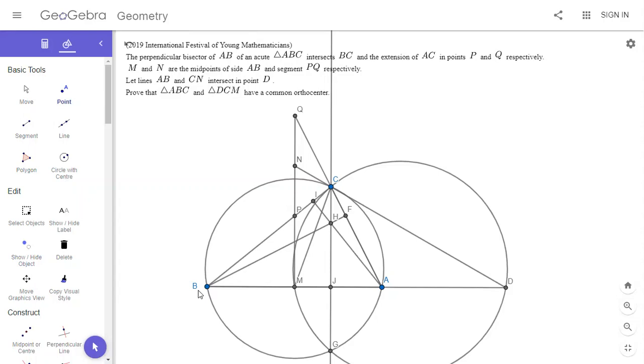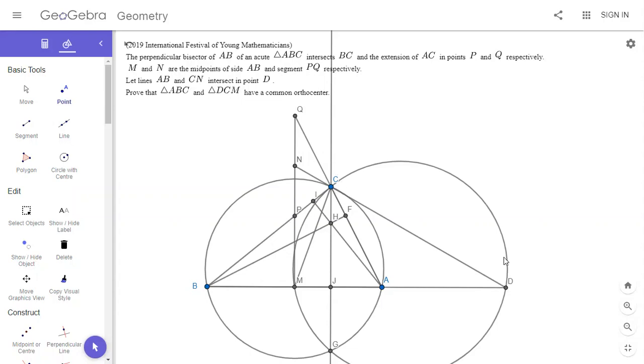Okay. We have proved one angle to be the same. Similarly, ABH is 90 minus A, which is AQM. And so triangle ABH is similar to triangle PQC.